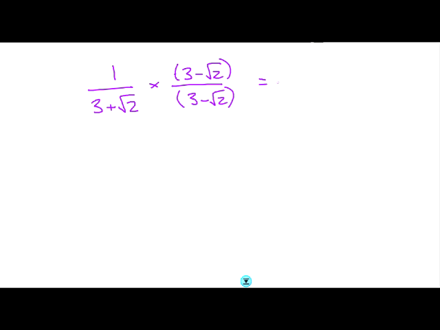Which would give us, because it's a 1, it's very easy, because it's just going to be this numerator on its own. So it would be 3 minus root 2. And if we were to expand these, I'll just do it down here to make it a bit easier.